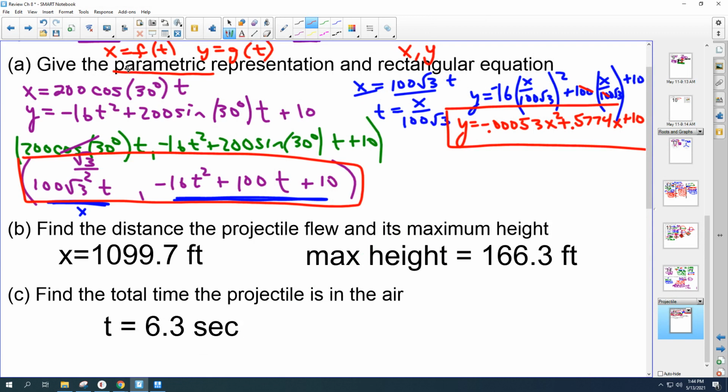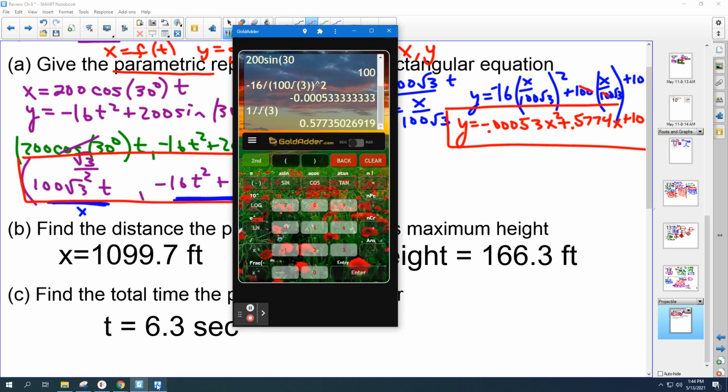Now the other way of doing it, I can actually use the other equation, and it might be easier for you if you look at it this way. We want to find the time. So we're actually finding the time when it was at this maximum distance. So what we can do is plug in 1099 right here for x and solve for this t. What was x?